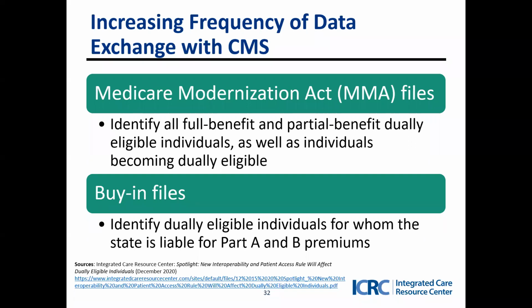States can also use the MMA response files to identify people becoming dually eligible for the purposes of enrolling those individuals into integrated care programs, like Federal Alignment Initiative demonstrations, or into DSNPs using a process known as default enrollment. And states can use buy-in files to also understand the costs of their Medicare Part A and B premium liability. Next slide, please.